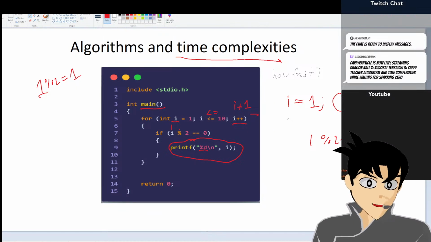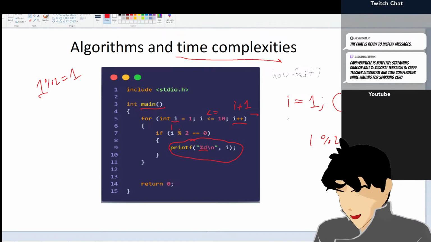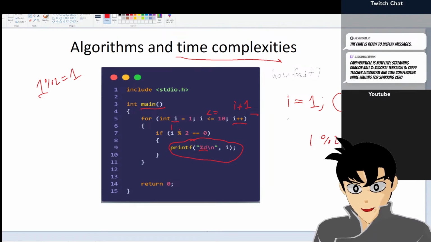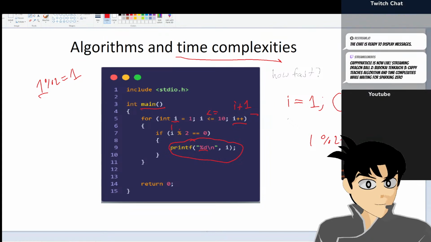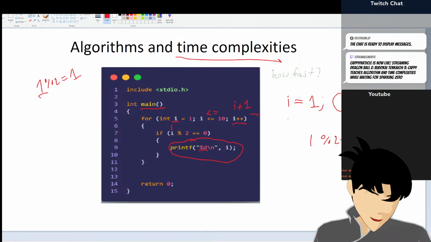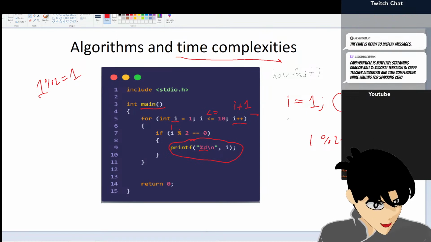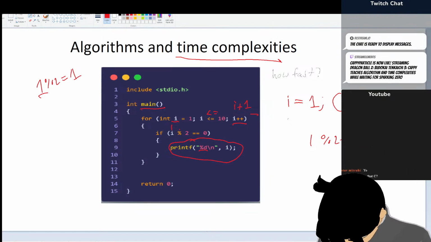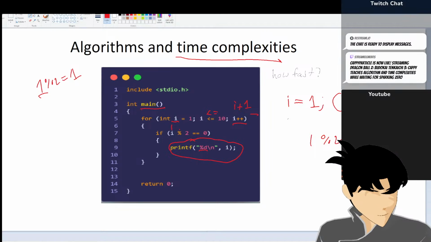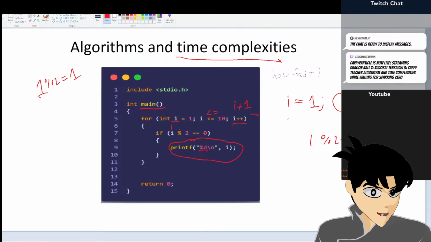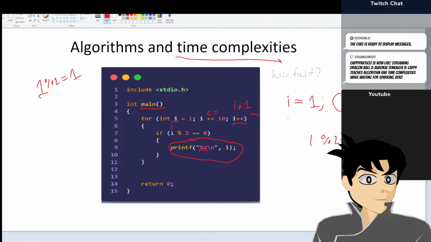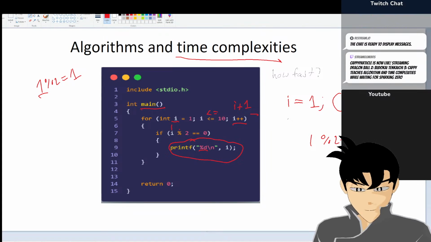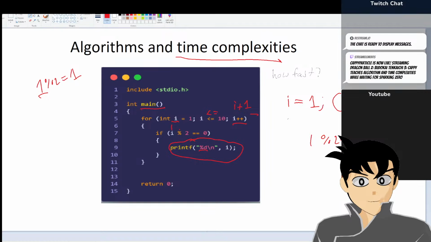I'm sorry if you left. Yes, this is C, but I'm using C as an example to teach this. Just give me a moment, I need to change the game category to Just Chatting. I have like 15 tabs open.